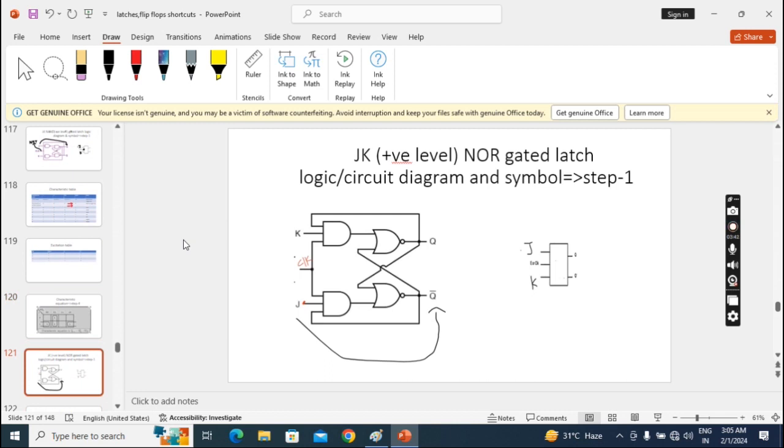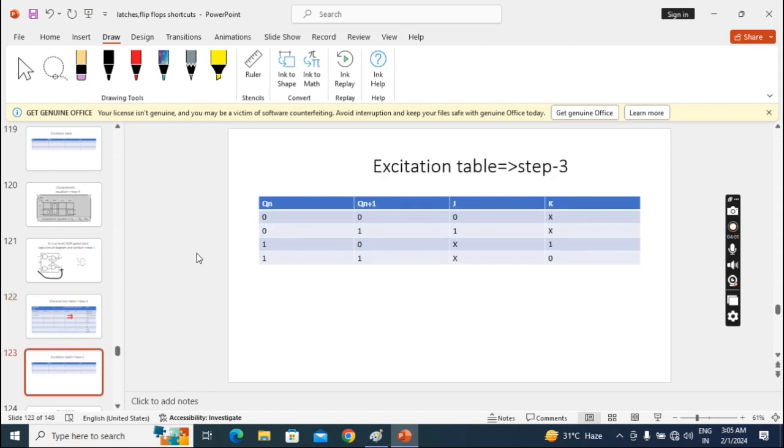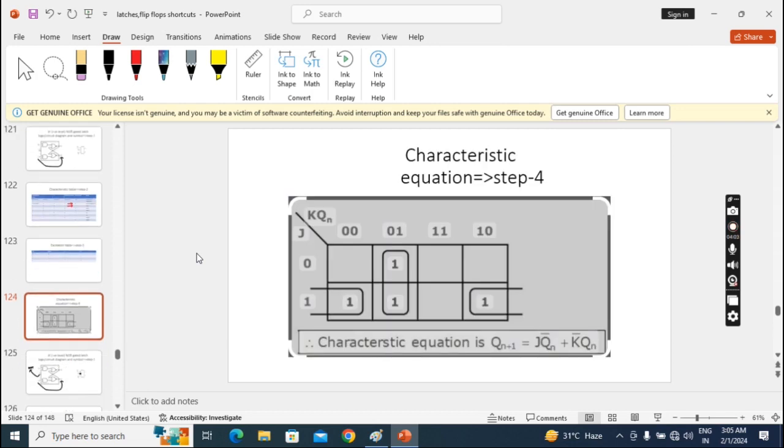Now coming to NOR, with the NOR latch part. Here, with respect to J, straight we have to write Q bar, that we have to observe. And this is the same as positive with AND. No other difference. This is the same as above.